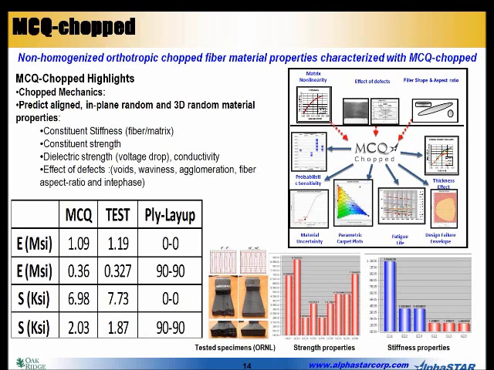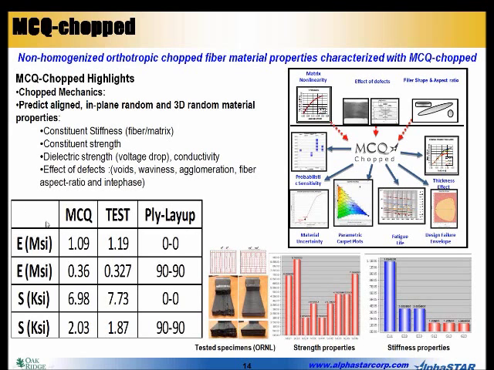We can include the effects of the fiber shapes and aspect ratios, and the result of the MCQ chopped is the characterized material in terms of strength properties and stiffness properties.